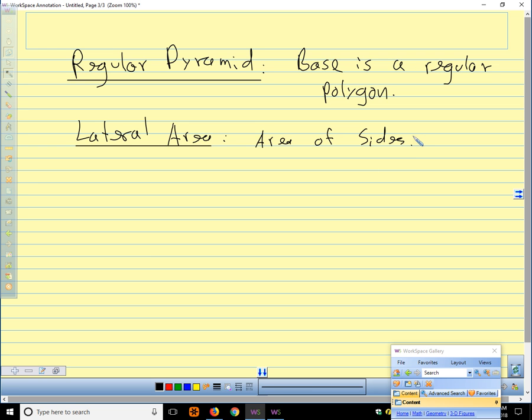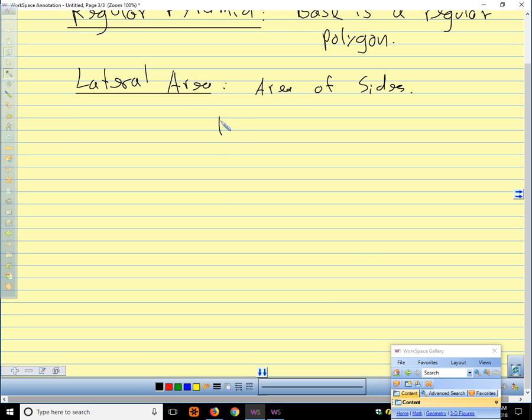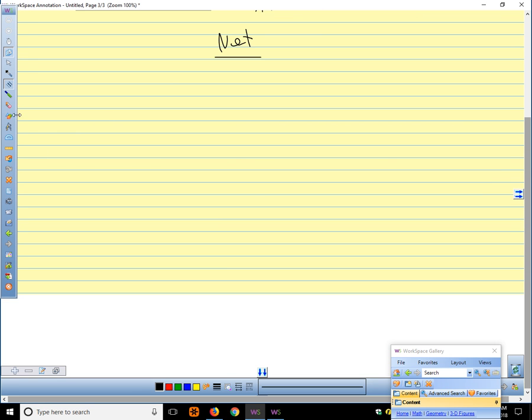So what I want to do is, just like we did for our prisms, I want to draw a net for a pyramid, and we're going to look at how the net gives us the formula for our surface area. So our net for a pyramid is going to look something like this. I'll draw a square pyramid here.